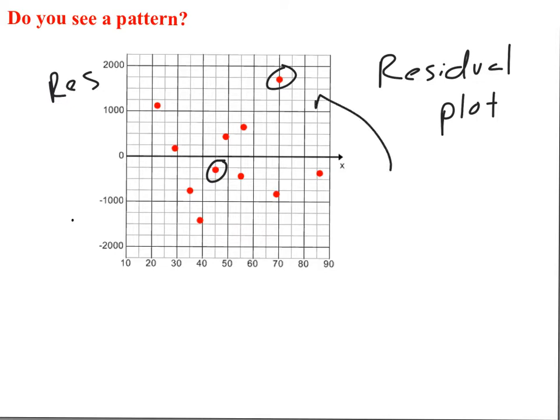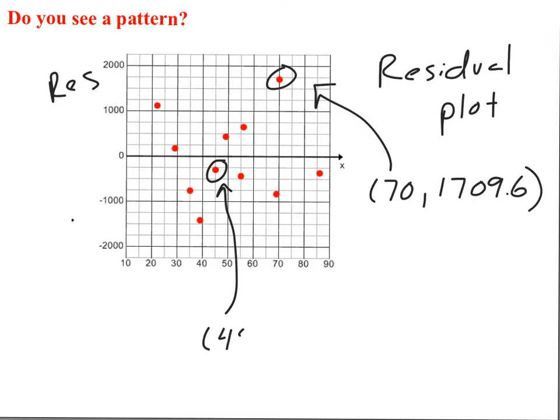Like this point right here is 70, 1709.6. It takes every piece of data in terms of its x value, and the y value is its residual. This came from the first lesson. This would be the point 45, negative 295.9. Okay?